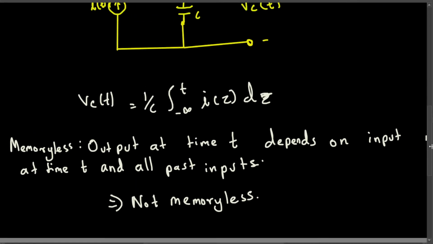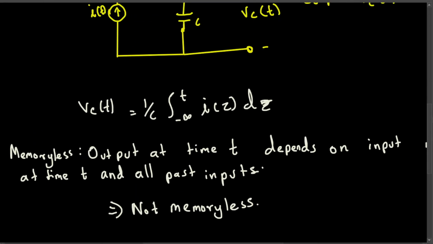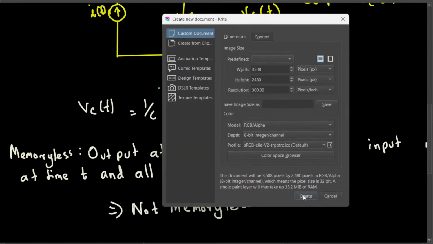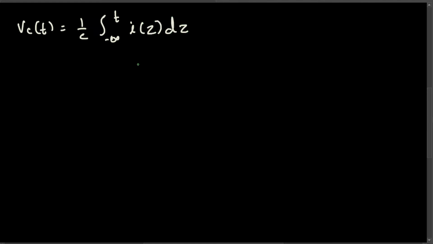Now let's look at the definition for the causal system. Let's write the equation again. VC of t is equal to 1 over C integration negative infinity to t I of tau d tau. And here let's look at the definition for the causal system.